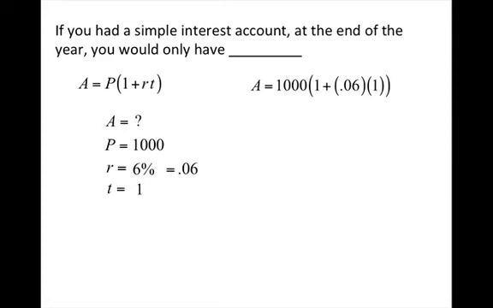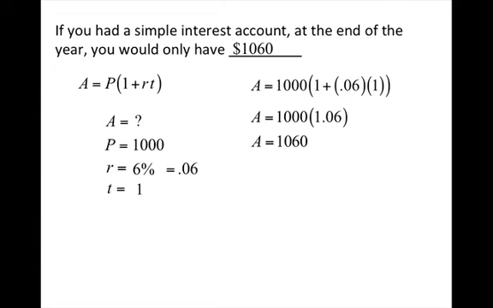So as we saw in the calculator, when we typed in 1 plus 0.06 times 1, that gave me 1.06. When we multiplied this by 1,000, we got 1,060. So that means if this had been a simple interest account, at the end of 1 year, we would have had $1,060.